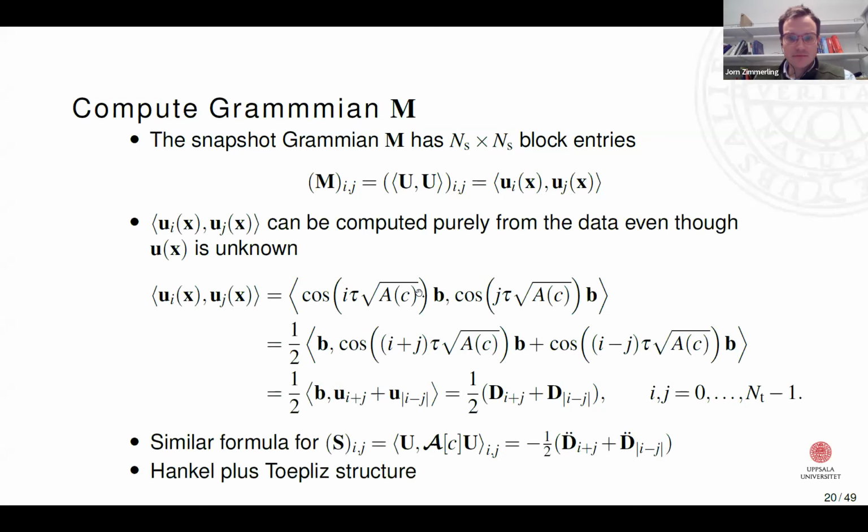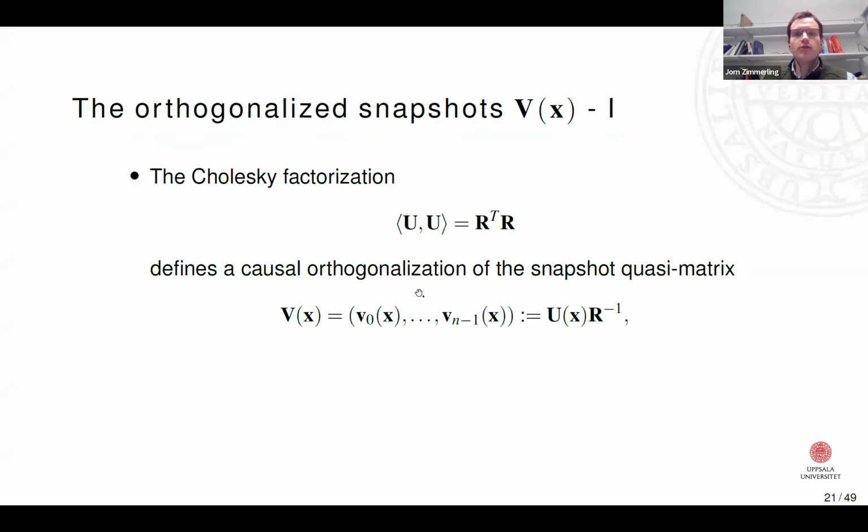And now to orthogonalize them, we just use the Cholesky factorization, or because we have all this block structure with a number of sources, the block Cholesky factorization. And if we take our space U and we hit it from the right with the inverse of R, we get orthogonalized snapshots.